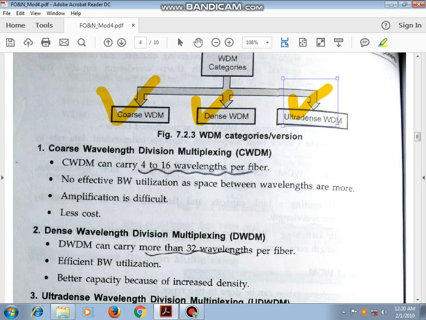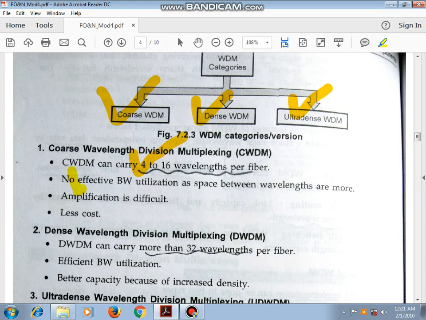Coarse means the number is less, it can carry 4 to 16 wavelengths per fiber, supporting 4 to 16 transmitters. Since the transmitter number is less, you are not using all the bandwidth of the fiber efficiently.